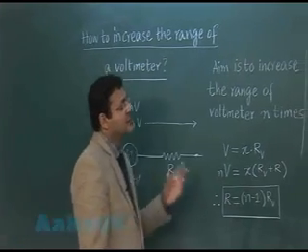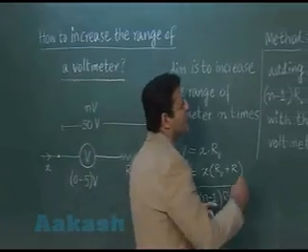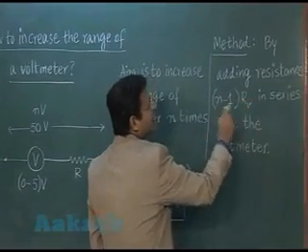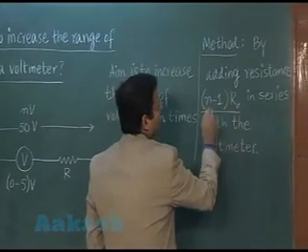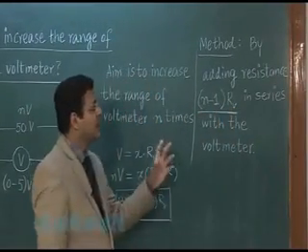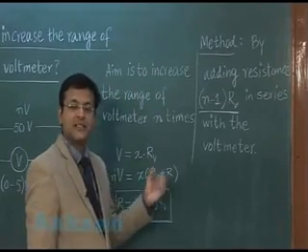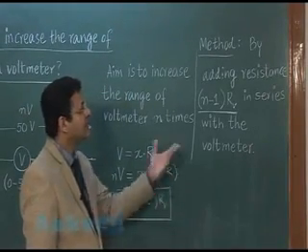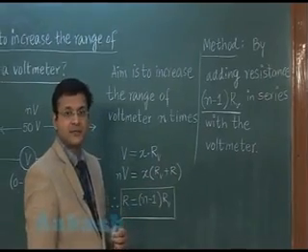N times increase of resistance will require that an additional resistance n minus 1 into RV should be connected in series with the voltmeter, and that will increase the range n times.